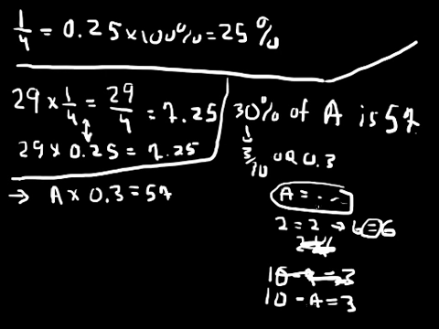Now we want to isolate A by itself. What you do to one side, you do to the other. So let's add A to the left side: 10 minus A plus A. Then you do the same thing to the other side, plus A. Minus A plus A is essentially 0.